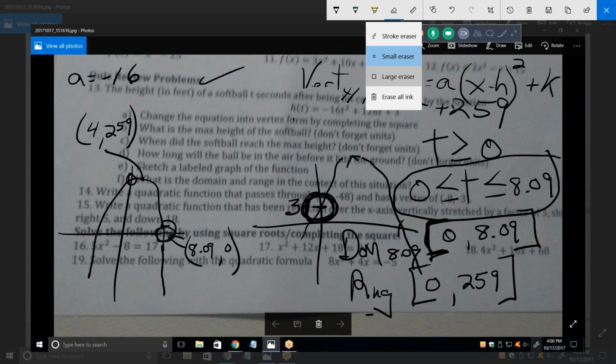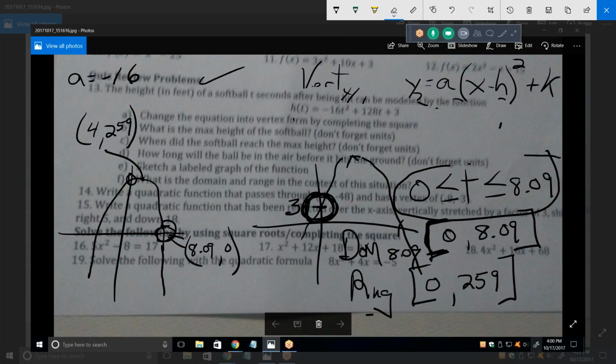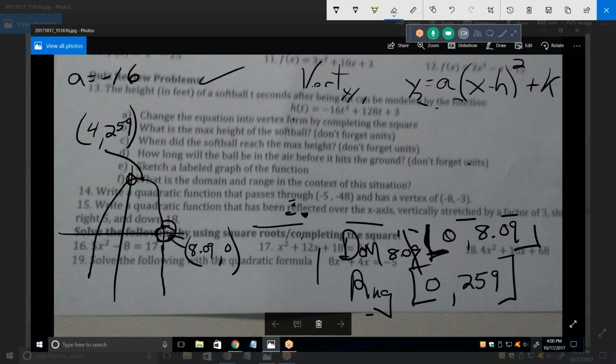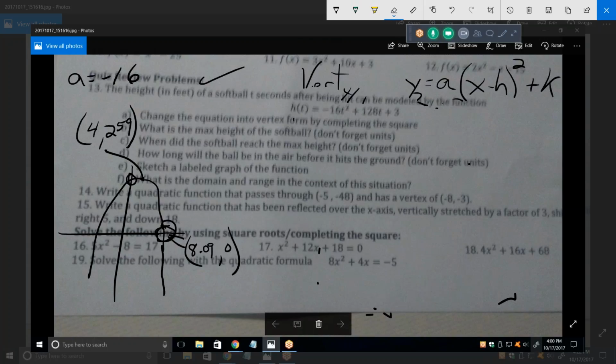Let's see. Unfortunately, this new technique I have doesn't give me enough room to write my big style of writing. So we'll write a quadratic that passes through that and has a vertex of that.